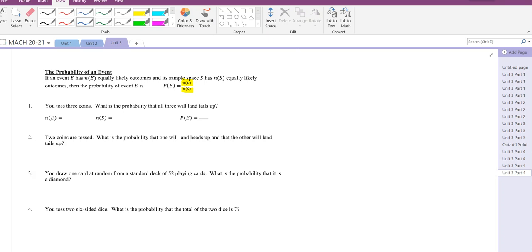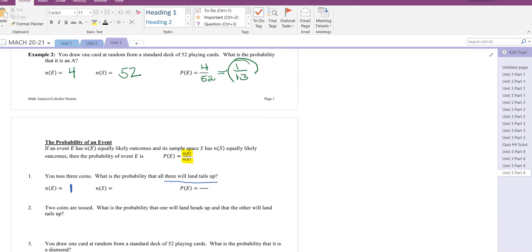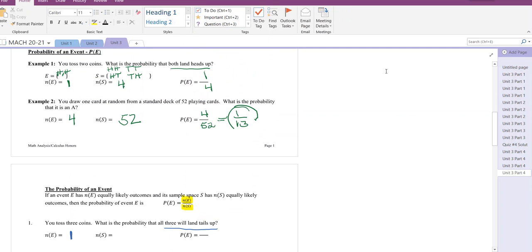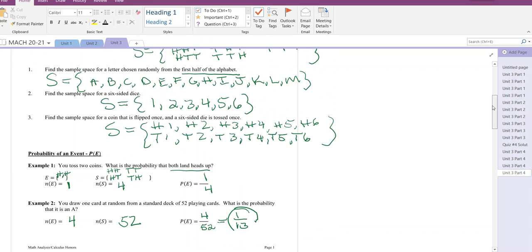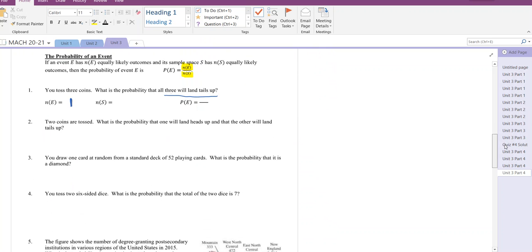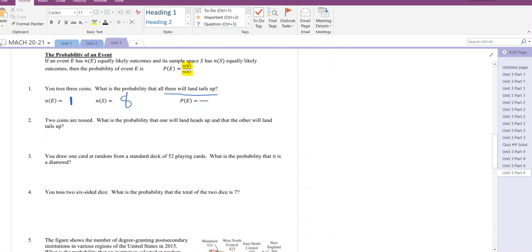If you toss 3 coins, what is the probability that all 3 will land tails up? Tails, tails, tails. There's only one way for that to happen, but when you toss 3 coins there are 8 possible outcomes in the sample space. So the probability is 1/8.